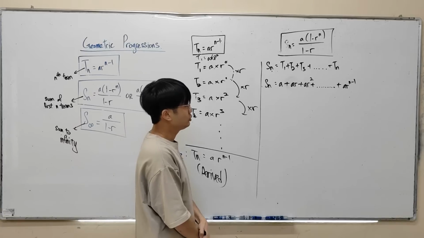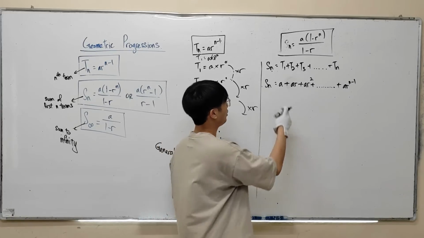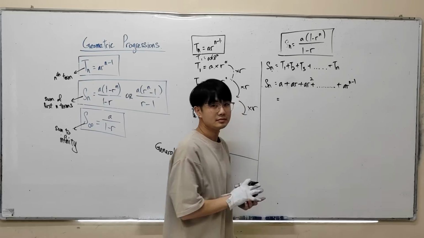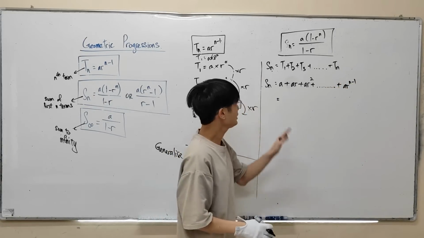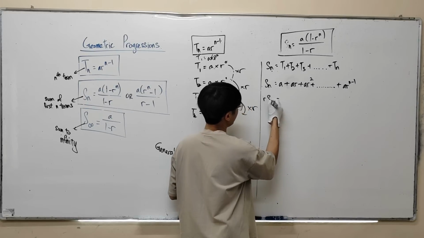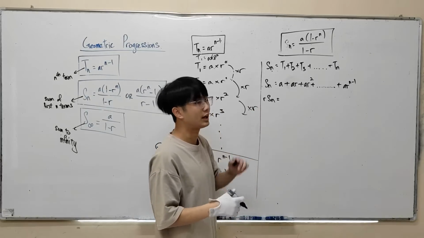Now, what we can do here is I will take all these terms and multiply with R. It means I'll take this whole thing times R, so everyone has to times R. Later you will understand why I times with R, okay?